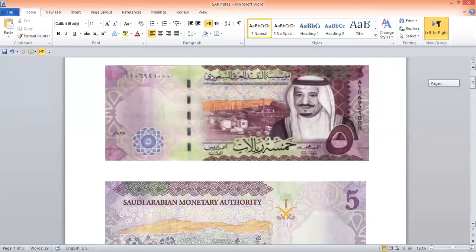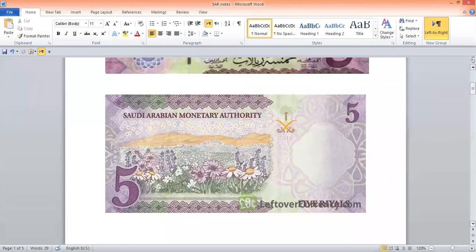From that, you can count, let's suppose, dollars or pounds, by looking at their values and counting them, right? So this currency note has a value of 5 real.